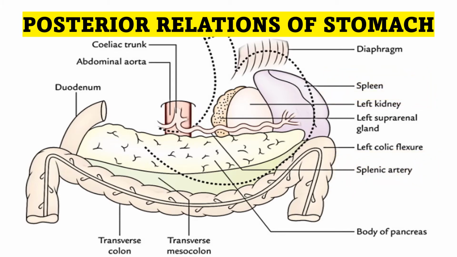All the structures creating the stomach bed are divided from the stomach by the lesser sac, with the exception of the spleen, which is divided from the stomach by the greater sac of peritoneum.